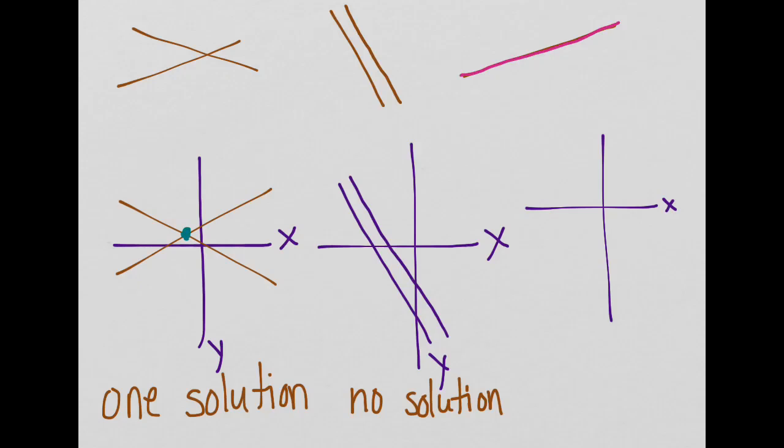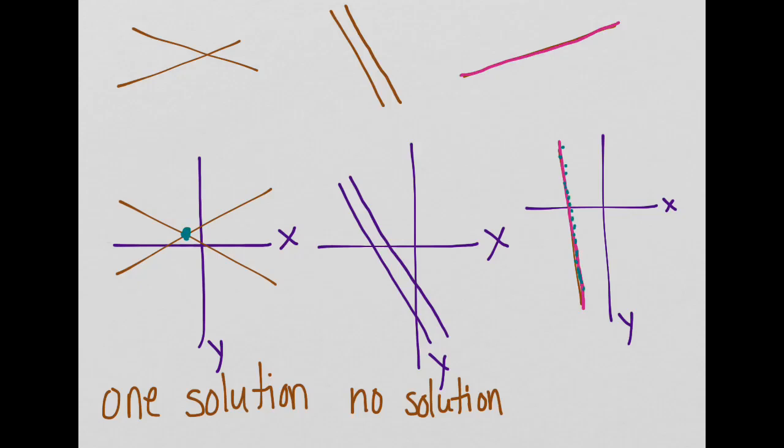And then what would happen in our third scenario? Of course, if I had my coordinate system and I drew one line and then I drew another line and it happened to lie right on top of it, how many times do those two lines intersect? Well, they intersect right here and right here and right here and right here, all these places.